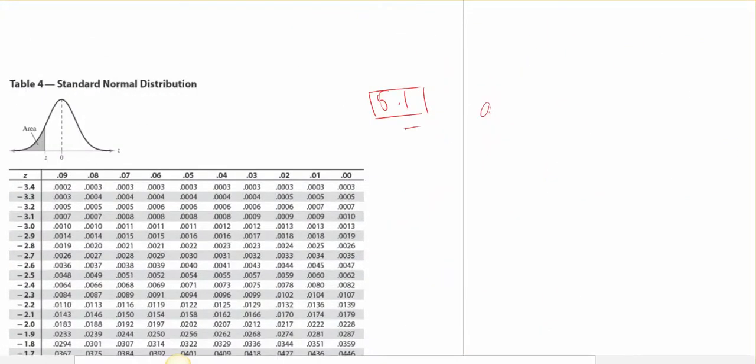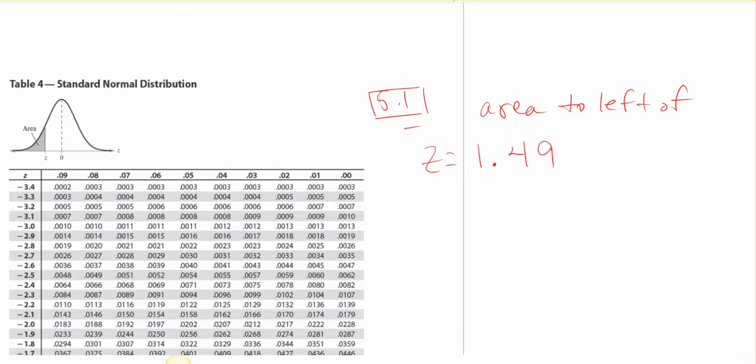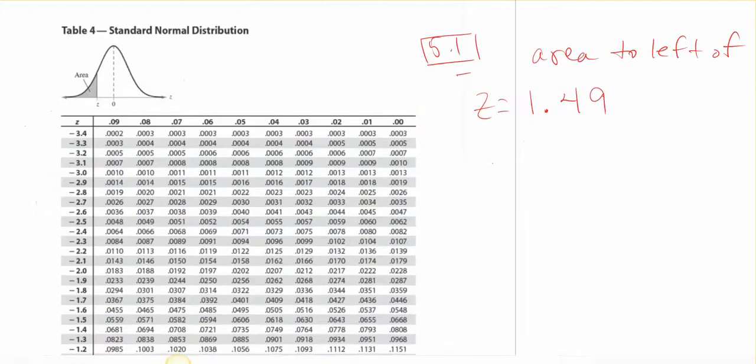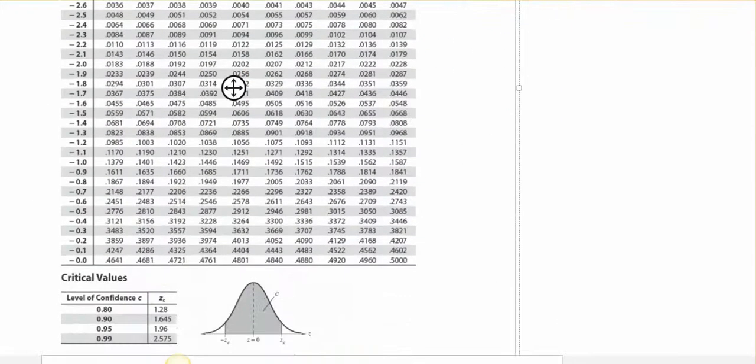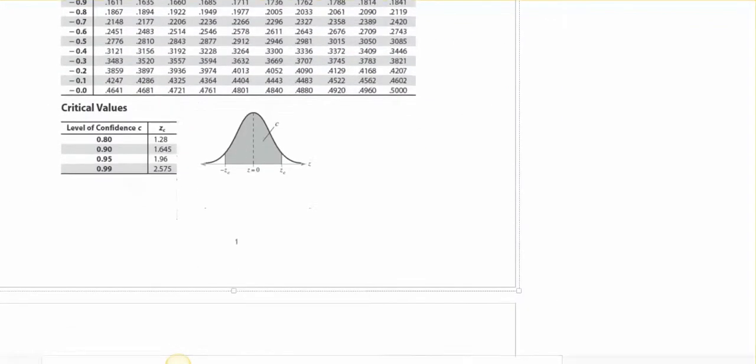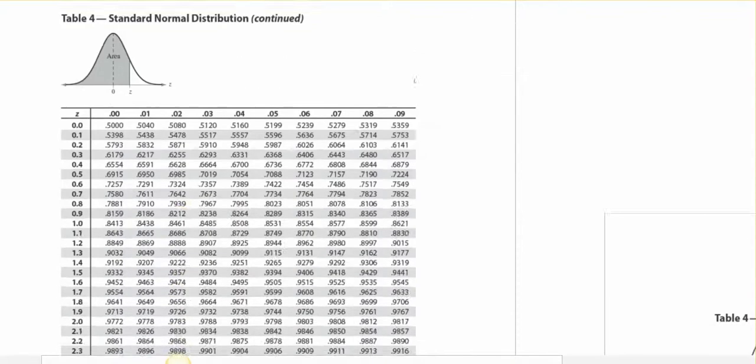Let's find the area to the left of 1.49. So we have a z-score of 1.49. That's a positive value. So we come into our table and we go look for 1.4, which is on the second page of this table.